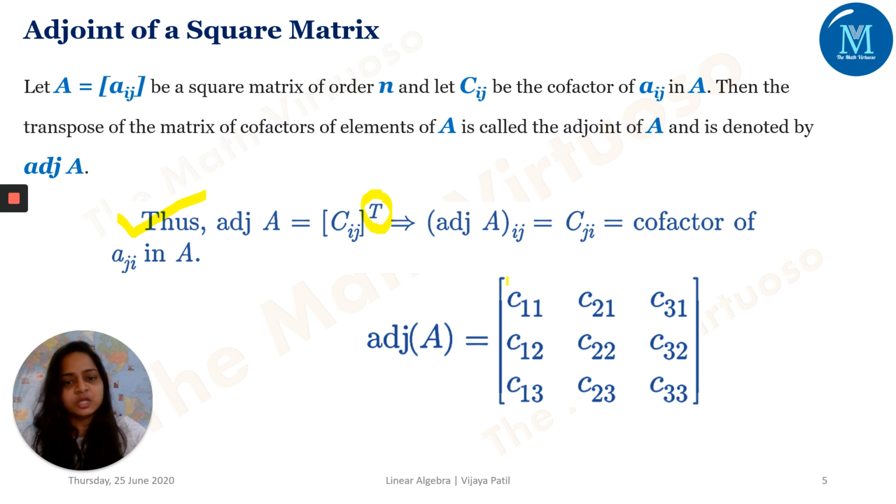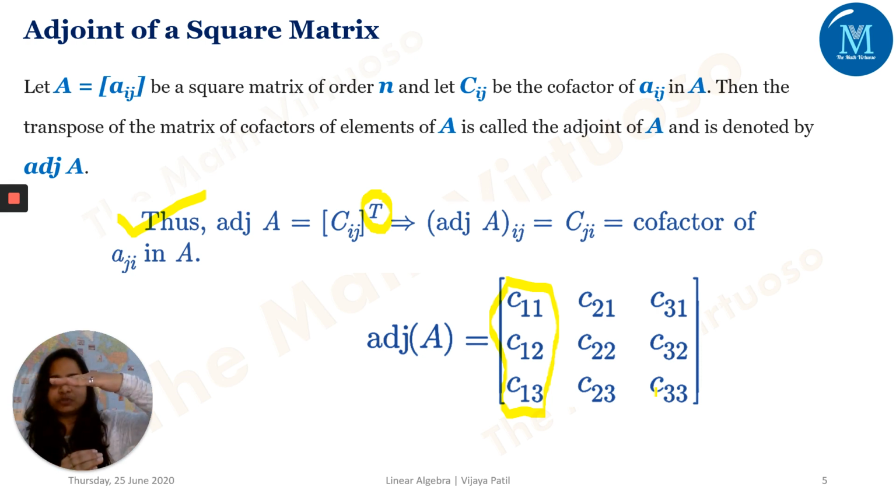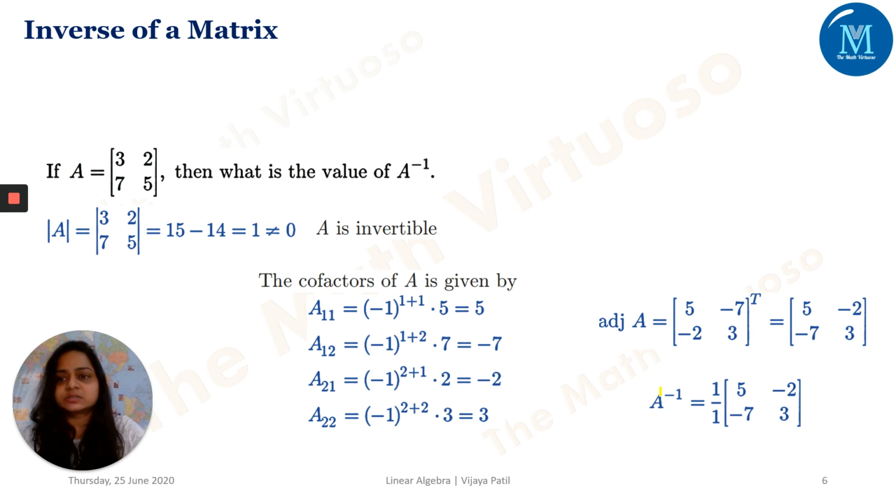Transpose means rows become columns. If you observe here, C11, C12, C13, C21, C22, C23, C31, C32, C33. So the transpose of the cofactor matrix is given to you as the adjoint.